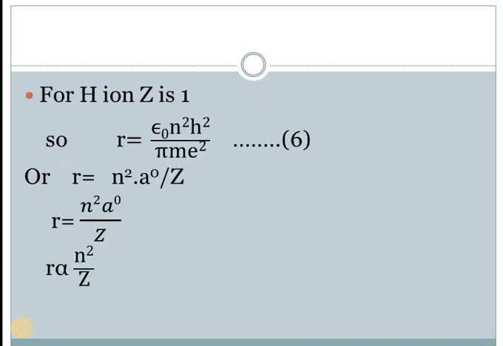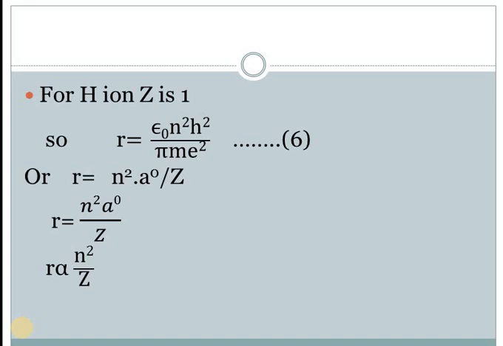If we say that we are talking about hydrogen, then Z would be equal to 1, then r is equal to epsilon naught n square h square over pi m e raised to power 2.